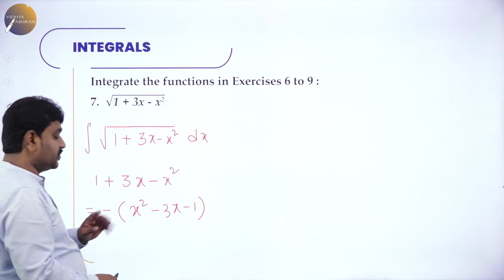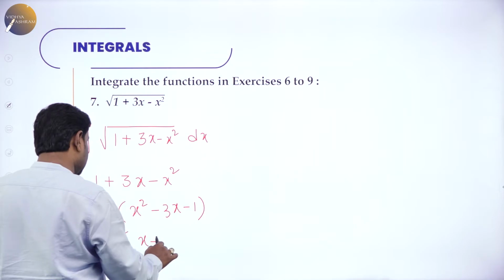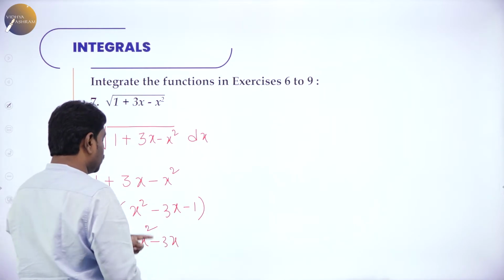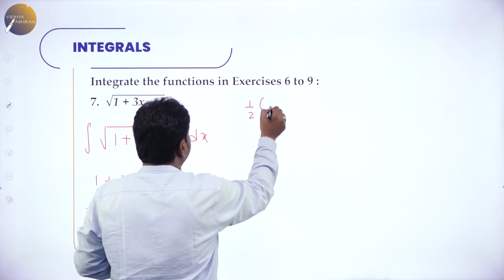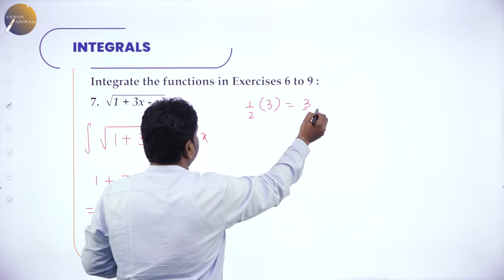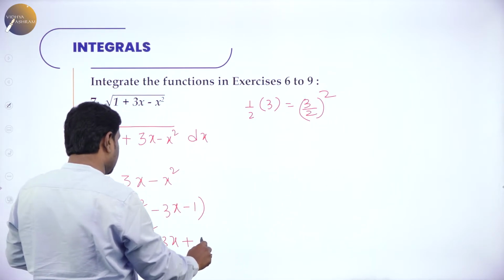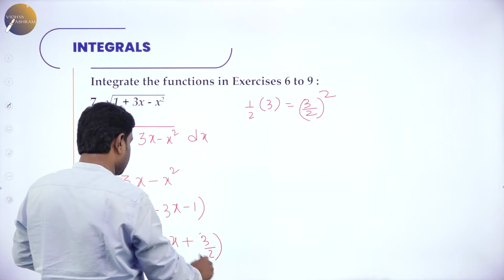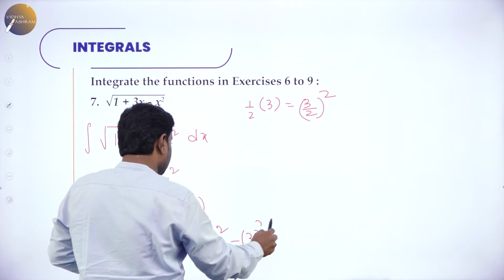Now do the completing the square. So that is minus outside, x square minus 3x. Half of the coefficient of x means half of 3, that is 3 by 2. 3 by 2 the whole square should be added and subtracted. So plus 3 by 2 the whole square, minus 3 by 2 the whole square, minus 1.